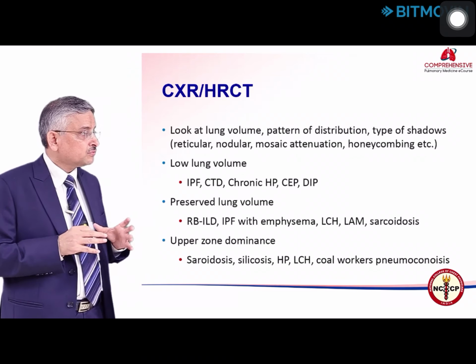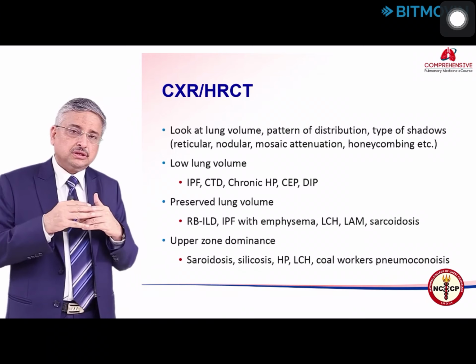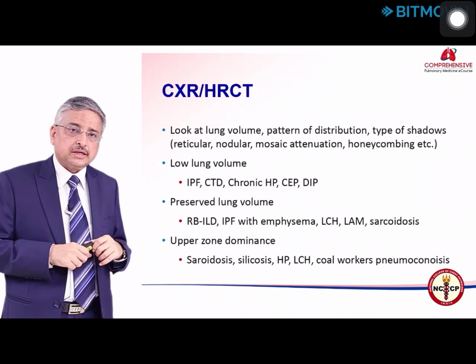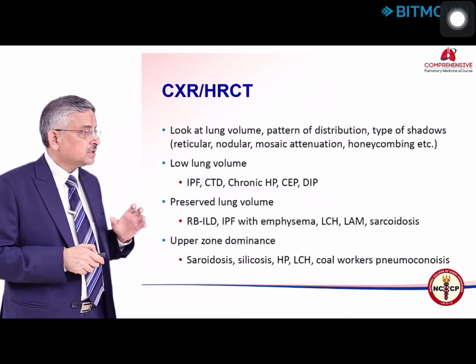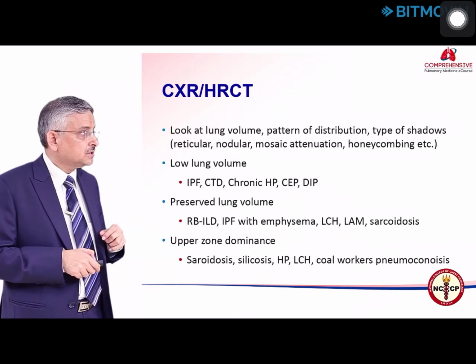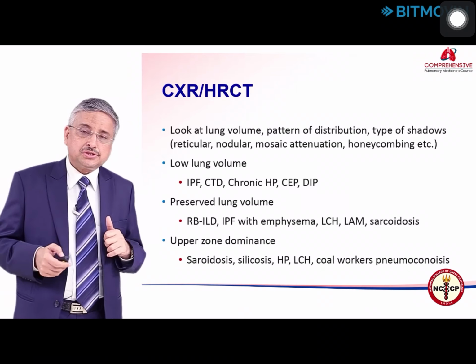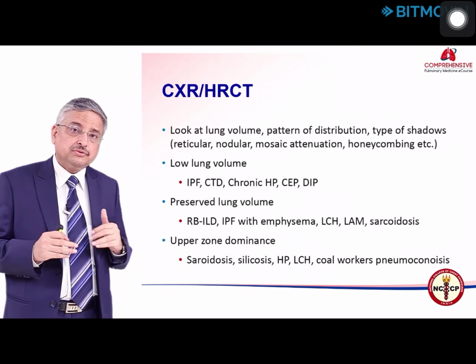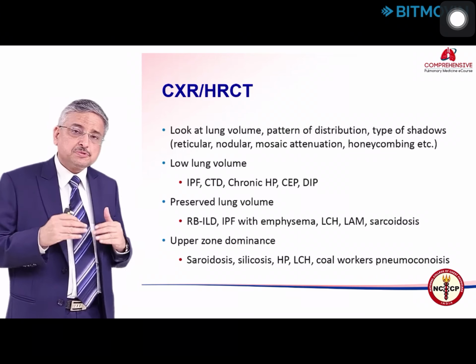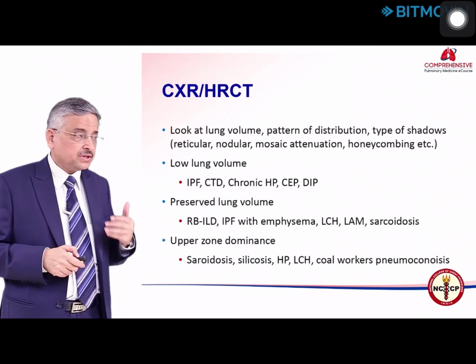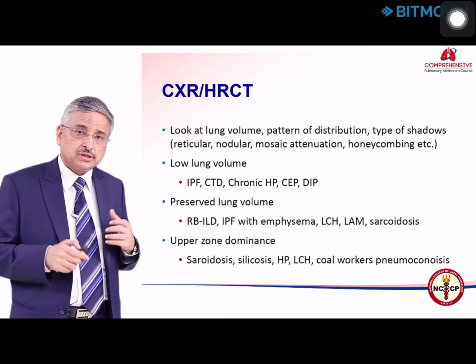So, if you have low lung volumes, if the lung seems to be shrunk, you find the diaphragm has gone up and the lung is looking as if it has shrunk, then you are looking at an IPF or a CTD related ILD or a chronic HP, chronic eosinophilic pneumonia, or a desquamative interstitial pneumonia. On the other hand, if you have an ILD where the lung volume is preserved, then you should think of RB-ILD, IPF with emphysema, LCH, LAM or sarcoidosis.